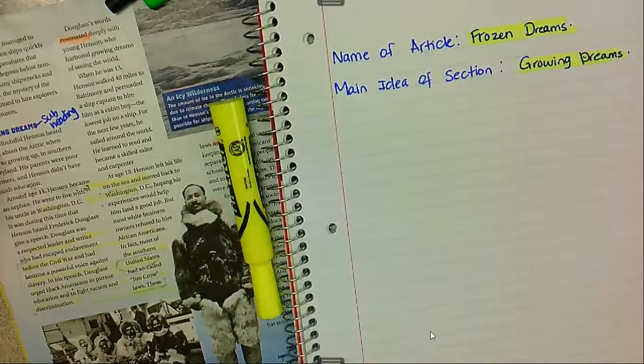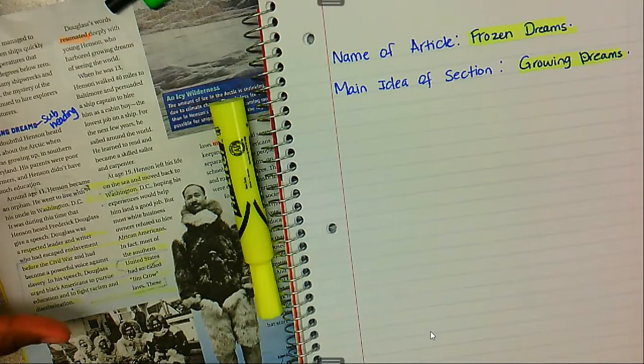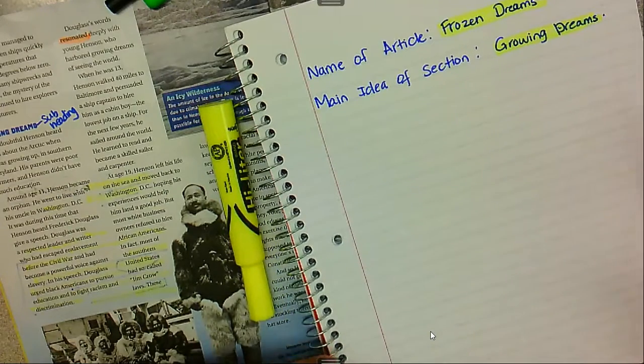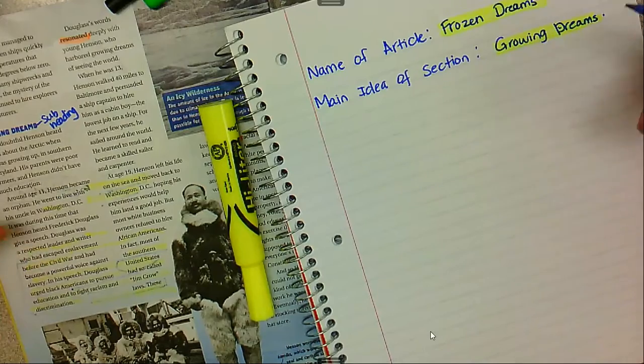when I read it, Growing Dreams, in my own words, was about Henson and his dream as a child to be able to see the world. The main idea will always be in your own words, but the details from the text are your supporting details, the evidence in the text that supports the idea you have in your head.